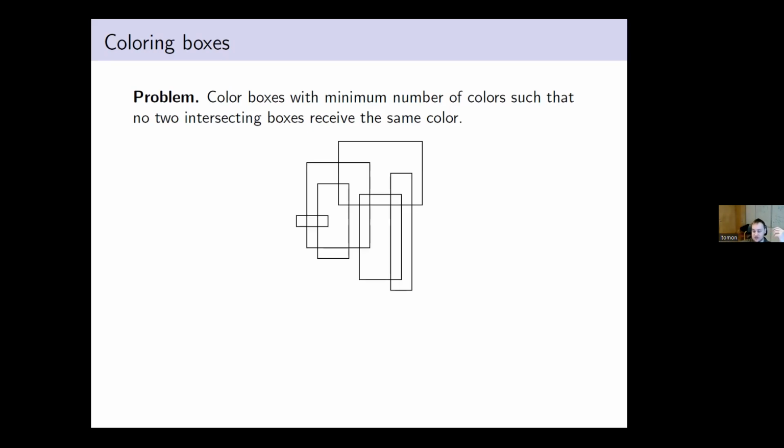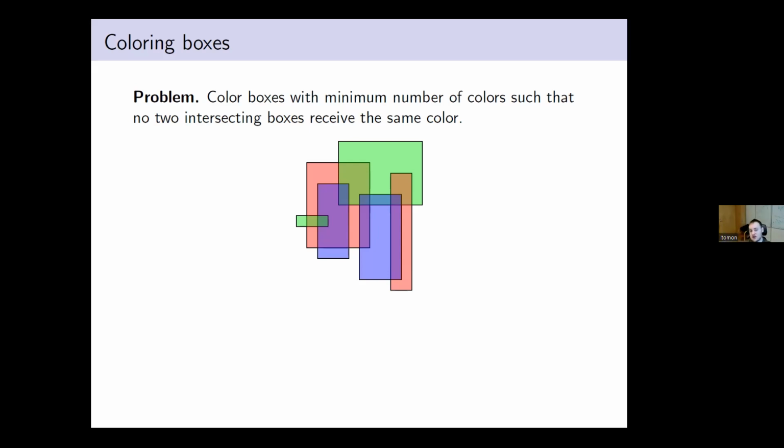So again, looking at the same configuration, this is a coloring. The green boxes are disjoint, red boxes are disjoint, blue boxes are disjoint, and you can easily check that you need at least 3 colors. 2 are not enough. So this is actually the same problem as that. You can define the so-called intersection graph of boxes, where you put a vertex for each box, you put an edge between two boxes if they intersect, and you are just asking what's the chromatic number of this graph.